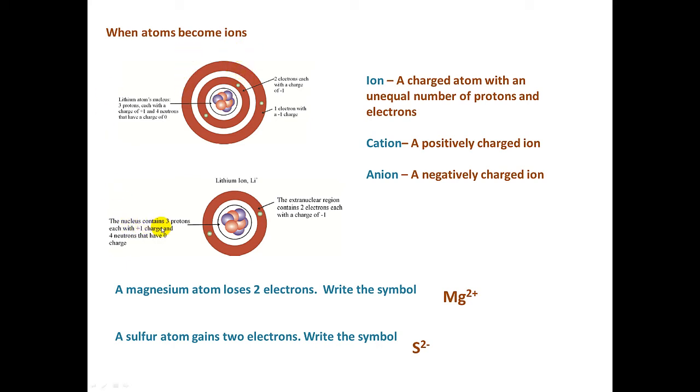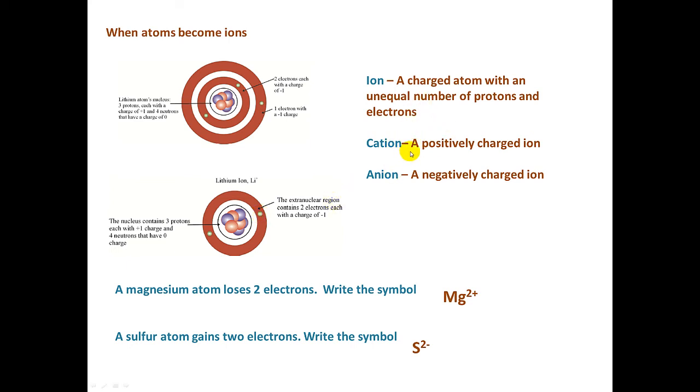Now, let's say that the lithium atom loses 1 electron. Well, in that case, you will still have 3 protons in the nucleus, but only 2 electrons in the extranuclear region. So that means that you'll have 3 positive charges and 2 negative charges. So the net charge is going to be a +1.